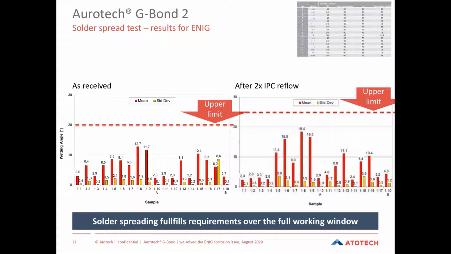For all the different conditions, we can see that in as received conditions we are far below the upper limit of 20 degrees, and after 2 times reflow, also for all the conditions, we are below the upper limit that we want to receive.